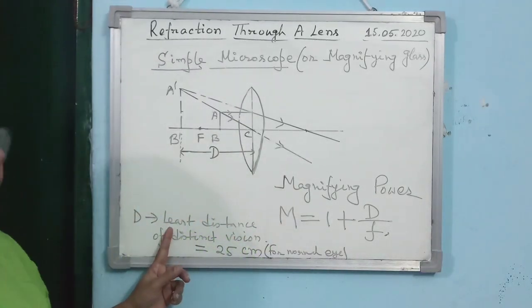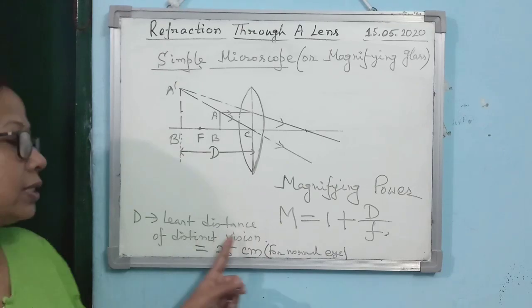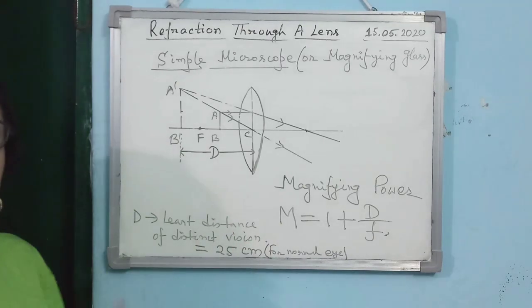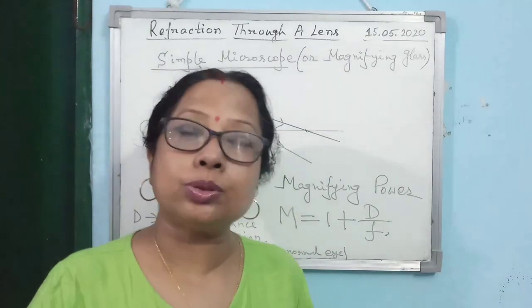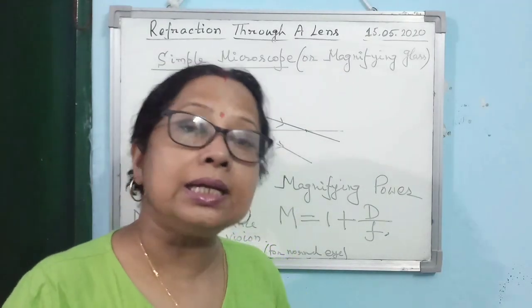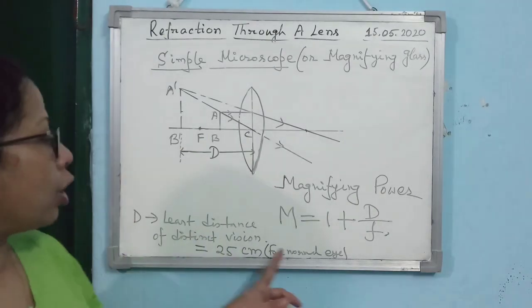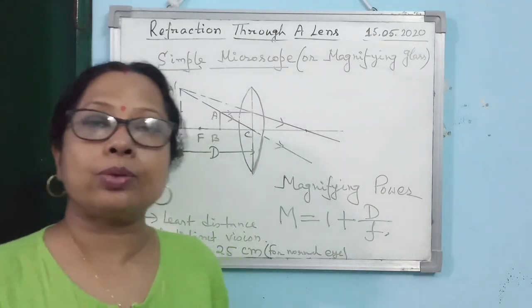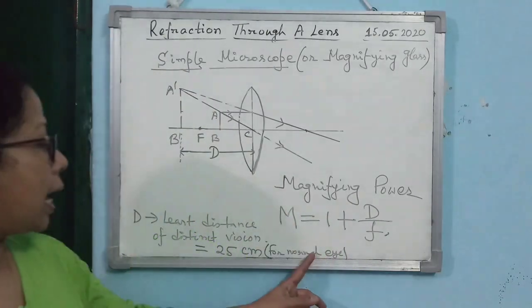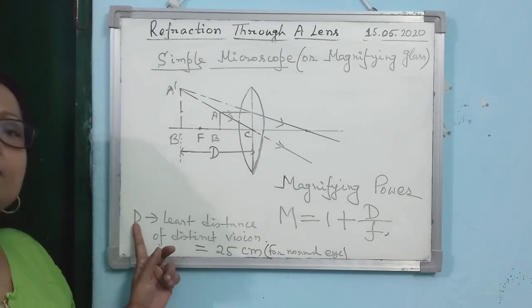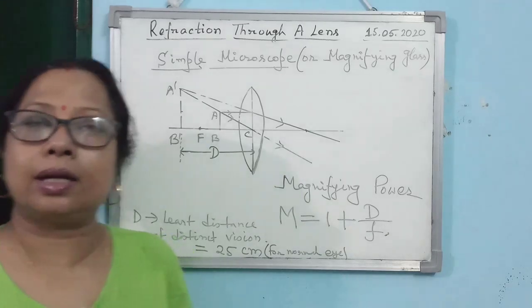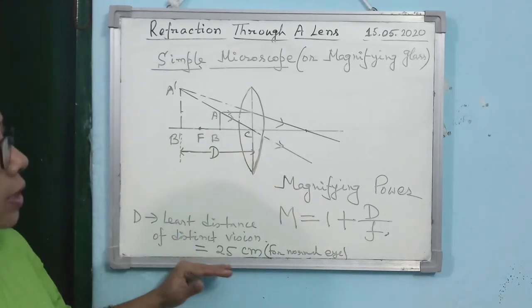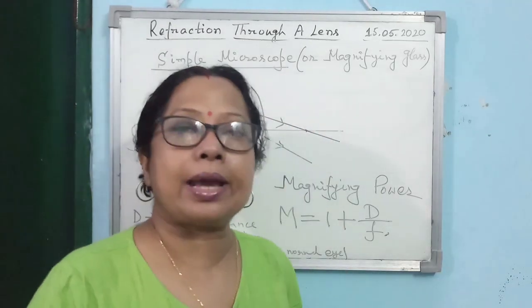We denote it as least distance of distinct vision. It means that is the minimum distance up to which you can visualize any object clearly. And for a normal eye, means without any defect, without specs, what is the value of the least distance of distinct vision? 25 centimeter. Alright. So this is the first concept regarding the simple microscope.